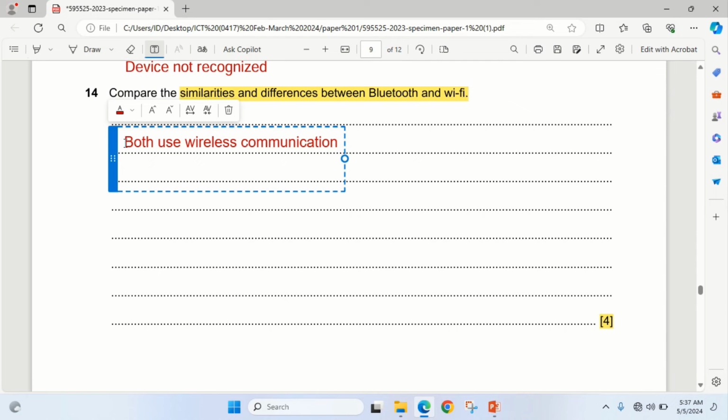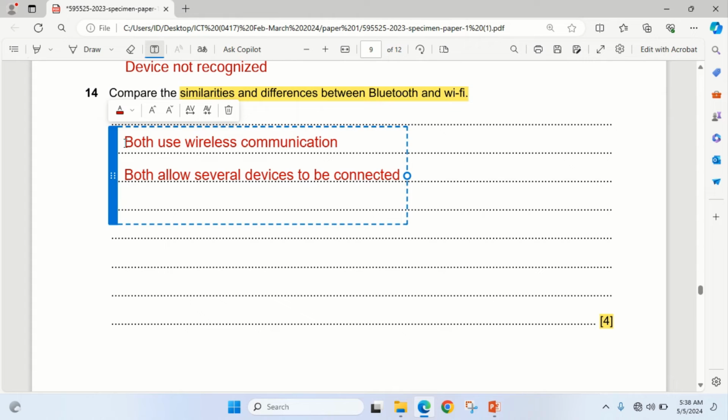You can also say that both allow several devices to be connected together. You can also say that both use radio frequencies for communication.